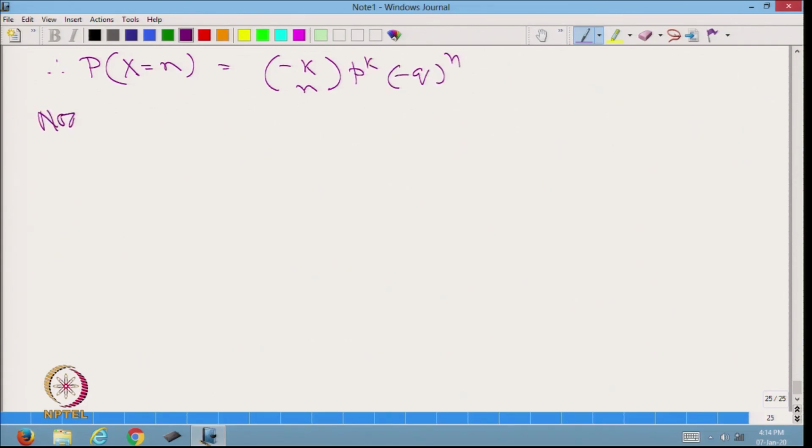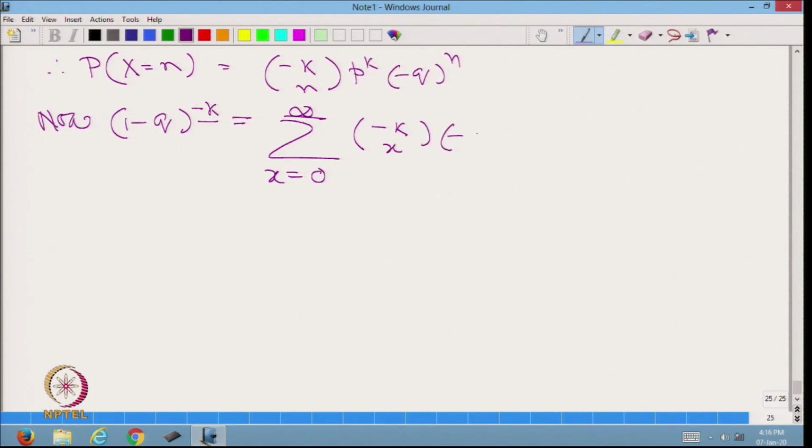Now, 1 minus q whole to the power minus k is equal to sigma x is equal to 0 to infinity. Note that it is a negative coefficient, therefore, there will be infinitely many terms: minus k C x minus q whole to the power x, which is equal to p to the power minus k.